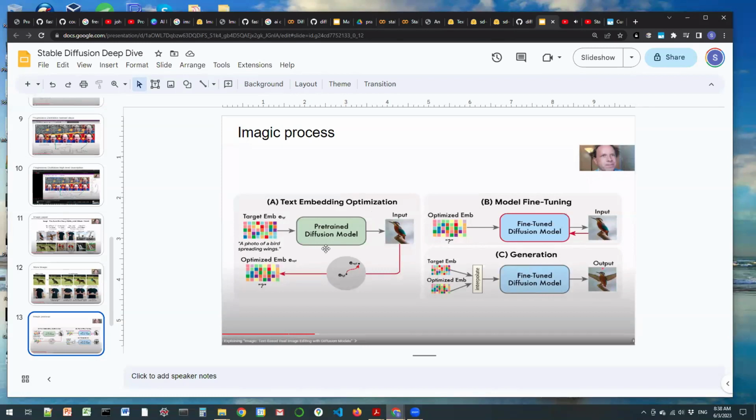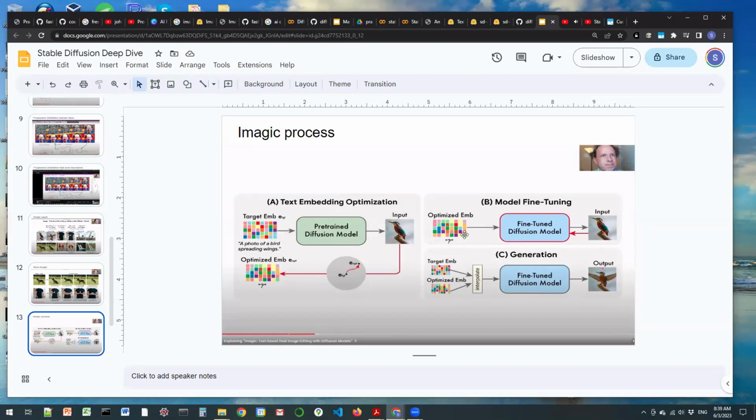And so what they're trying to do by this process is get the target shifted closer. The target, remember, is just an embedding of a text, shifted closer to correspond to this image of the bird. So conceptually, they're shifting this embedding closer to some optimal value of the embedding, which corresponds to the reference bird.